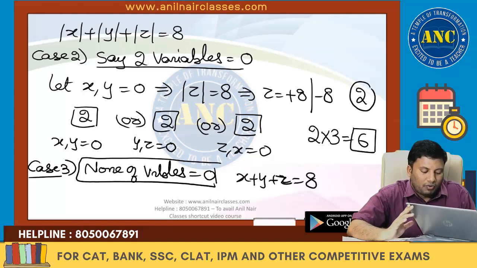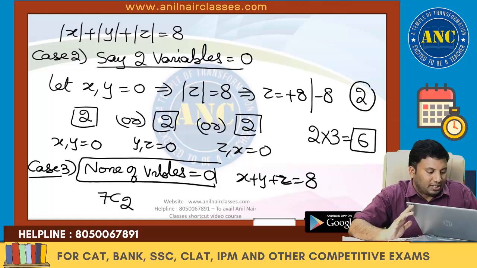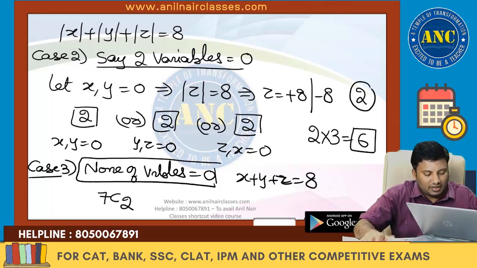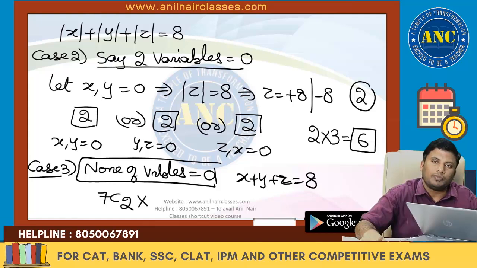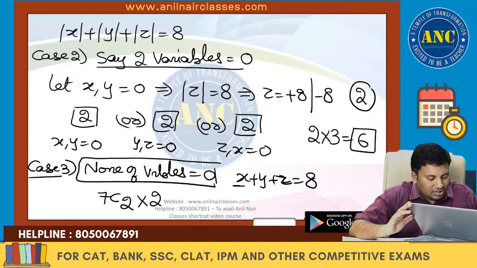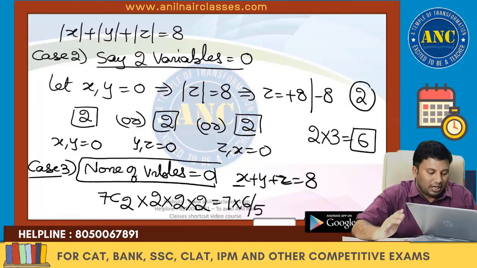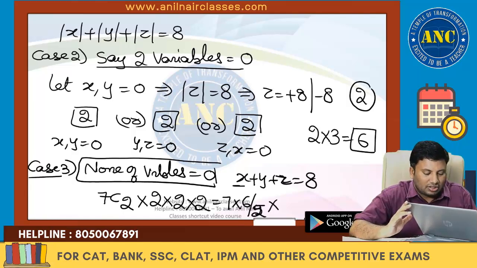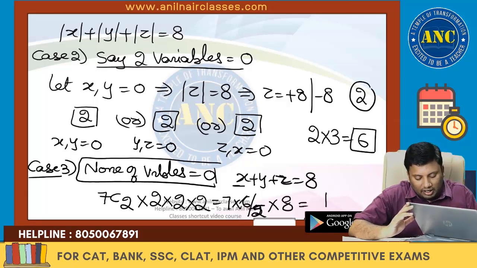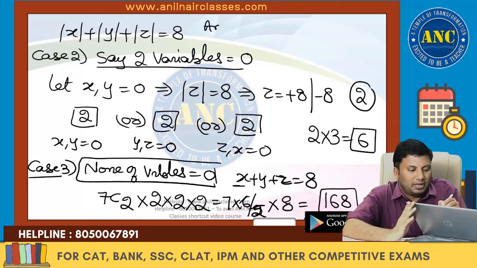If 8 balls are there, there are 7 gaps, so 7C2 into plus or minus, plus or minus, plus or minus. nC2 is n into n minus 1 by 2. This is nothing but 2 into 2 into 2, which is 8. This is nothing but 21 into 8, which is 168.